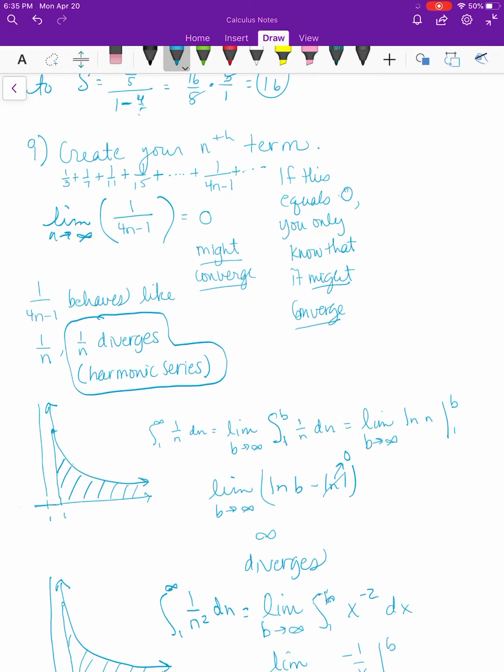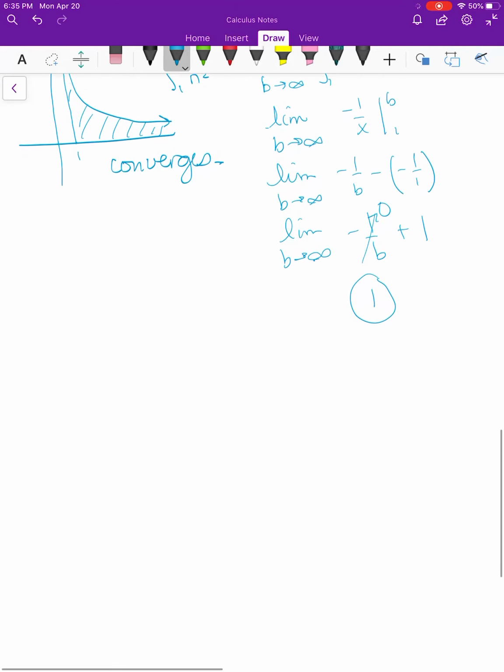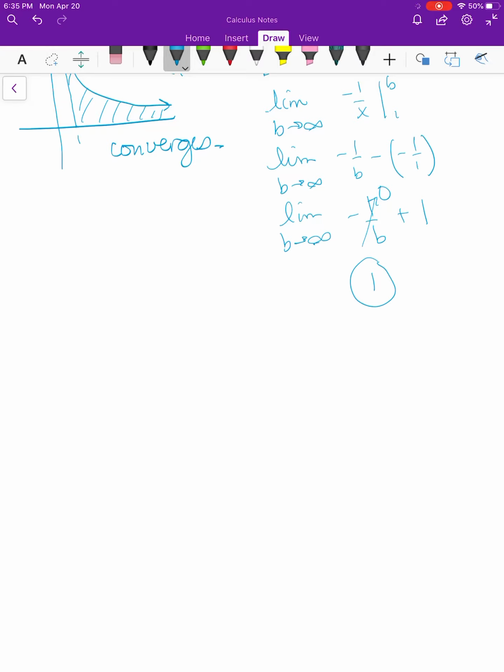So this one converges. But we don't have to worry about this one on this problem. We're talking about 1 over n. We know it diverges. Okay? And since this one is behaving like 1 over n, we know 1 over 4n minus 1 diverges. Okay, so your answer to number 9 is divergence.